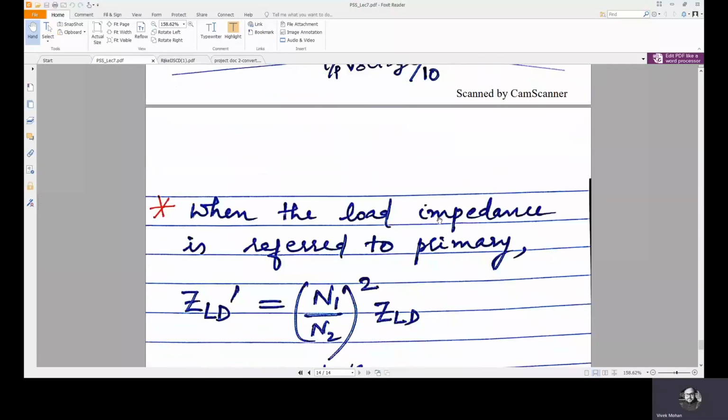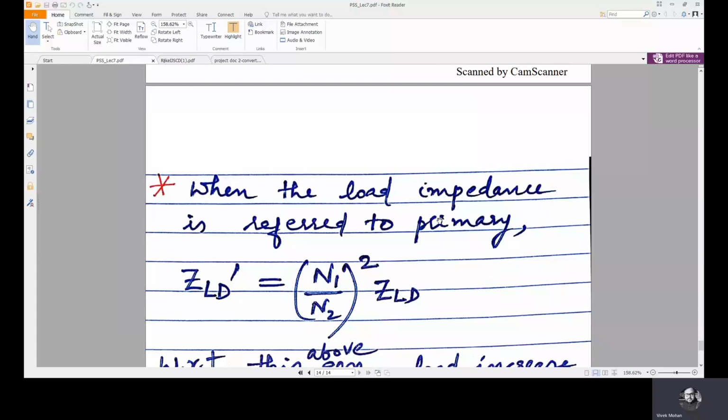Now, what is the effect of this change in turns ratio on voltage instability? When the load impedance is referred to the primary of the ULTC, the primary referred load impedance is ZLD dash equals turns ratio the whole squared into load impedance.